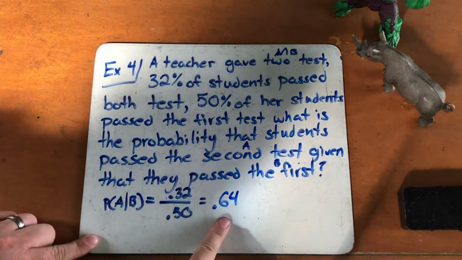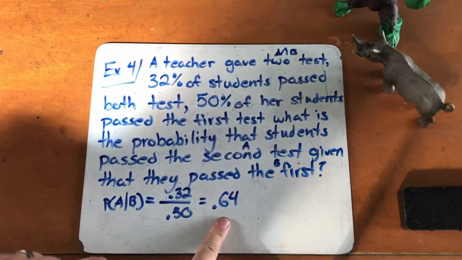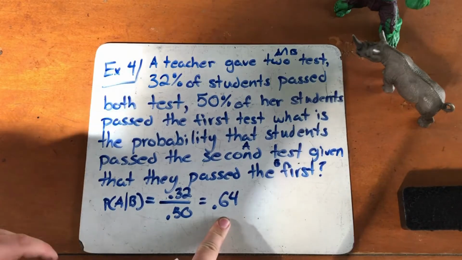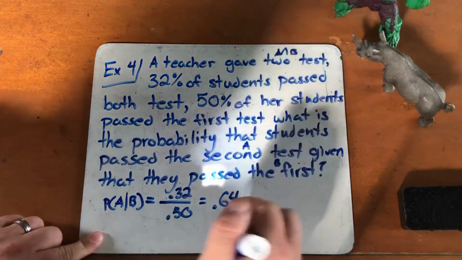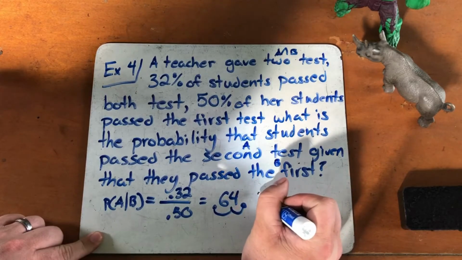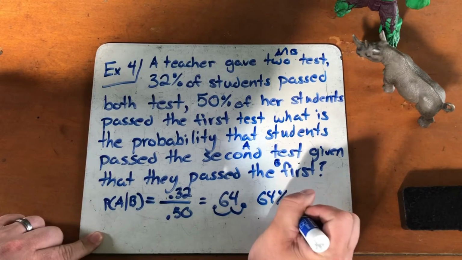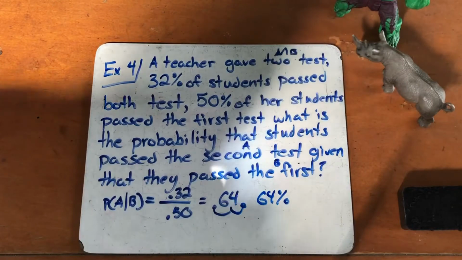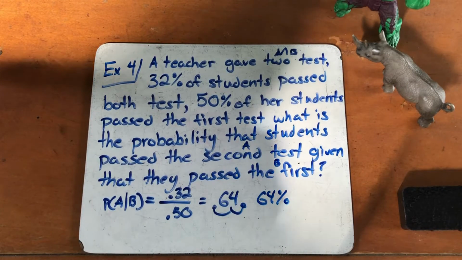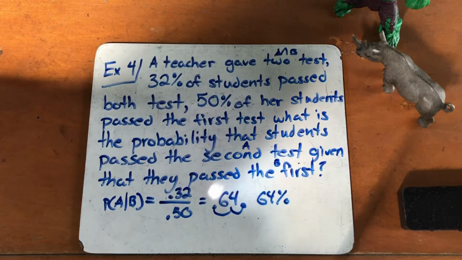So this is the probability that students will pass the second test given that they passed the first. And what percentage is this? I would move my decimal 2 units to the right and have 64%. So 64% of the students would pass the second test given that they also passed the first.